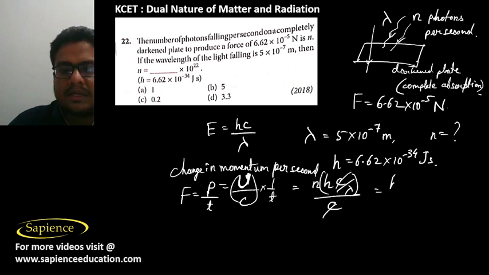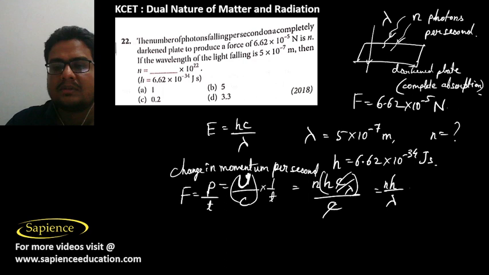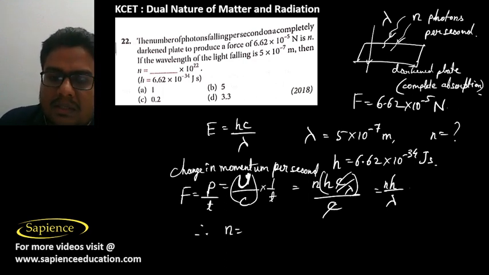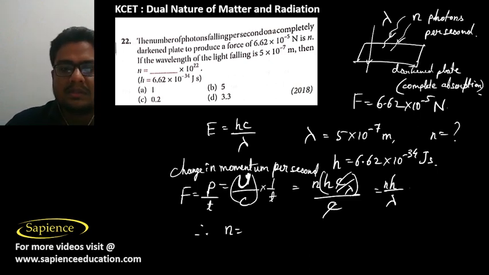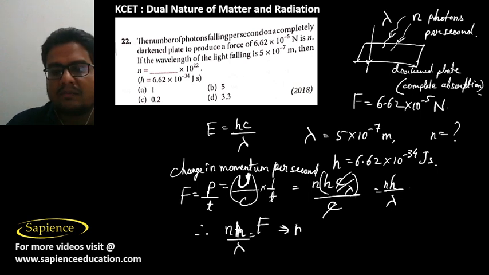So that is nh by lambda. nh by lambda is equal to the force. Therefore, n h by lambda is equal to F. So therefore, n will be equal to F lambda by h.